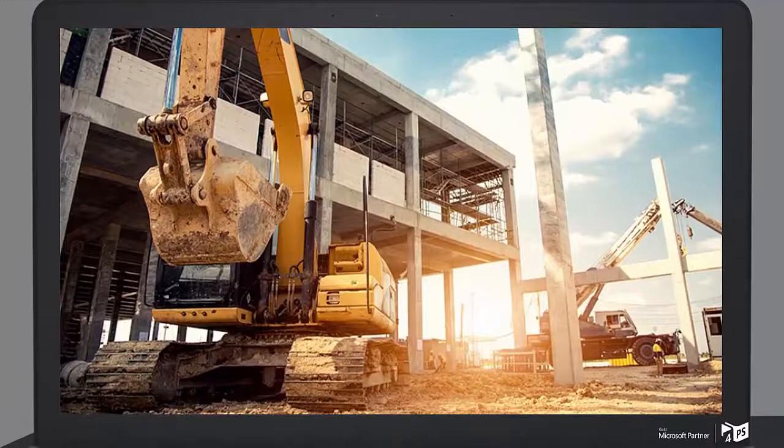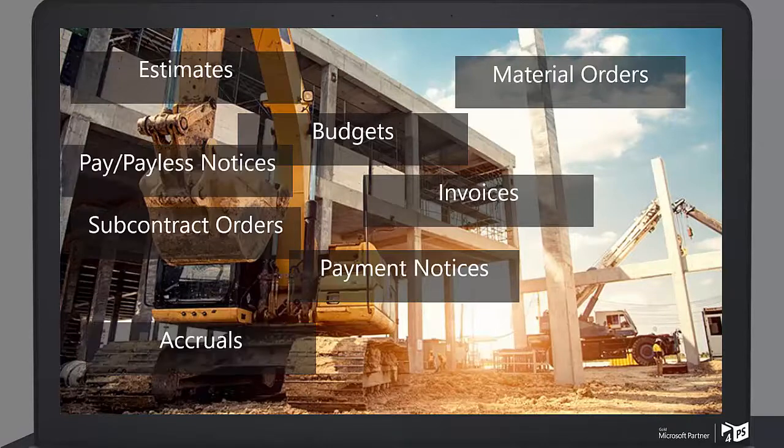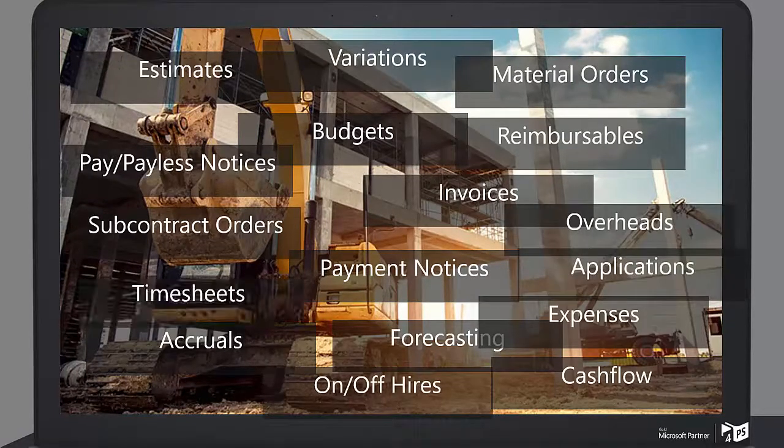Now, this slide is really just here to illustrate a point, and that point is that when you're looking at a construction project at any point in time, there's an awful lot of things going on. There's an awful lot of information getting mashed together. So you've got estimates, you've got payments, you've got invoices, payment notices, timesheets, forecasts, expenses, everything going on.